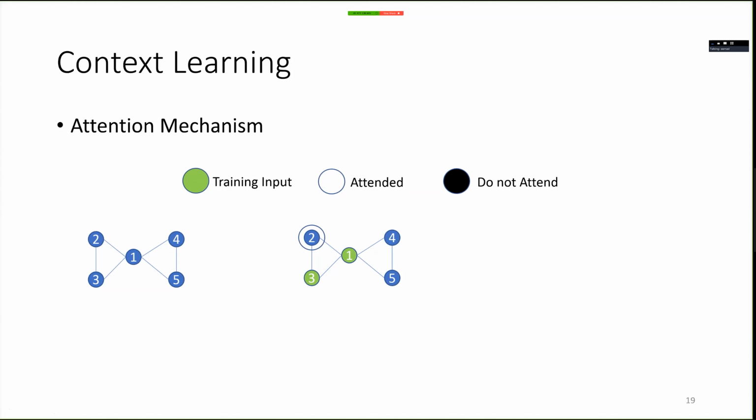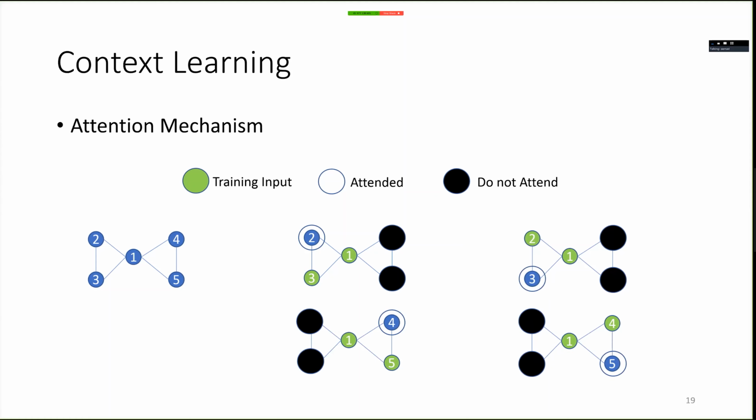So for 1, 3, you will highlight 2 as an important feature, and you should consider that more while learning the embedding of 3 given 1, for example. And we ignore, of course, the other features. Then you do that with other edges: for 1, 2, you have 3 as a feature to attend on, and you do that for the 1, 5 edge and for the edge 1, 4.